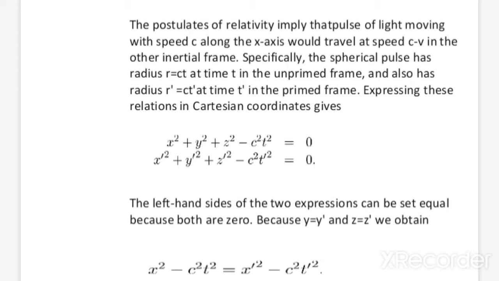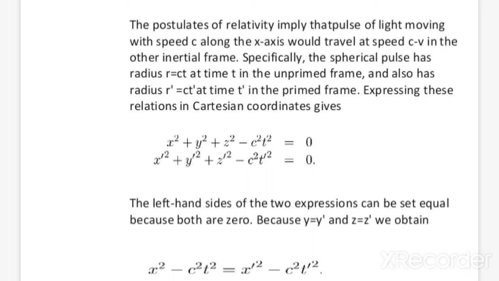So the Cartesian coordinate equation can be given for both the frames of reference as x square plus y square plus z square minus c square t square is equal to 0, and for the other frame of reference it is x dash square plus y dash square plus z dash square minus c square t dash square is equal to 0.